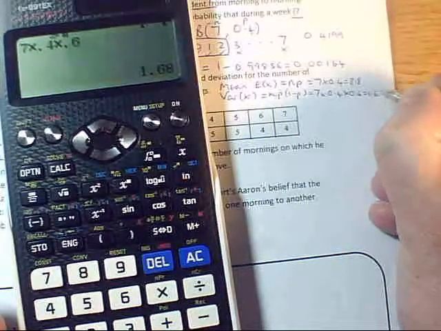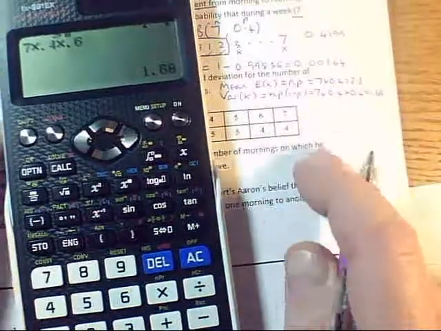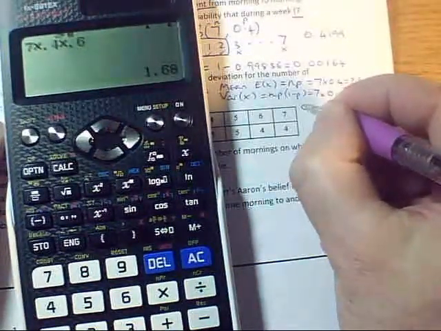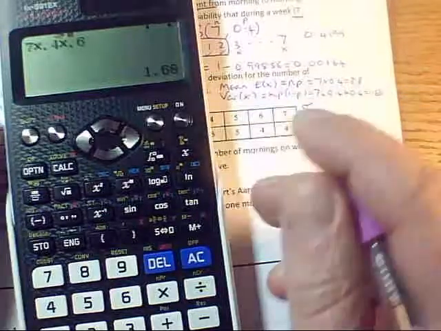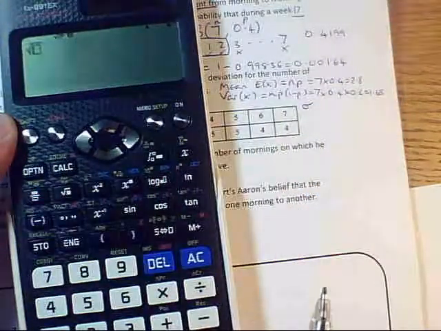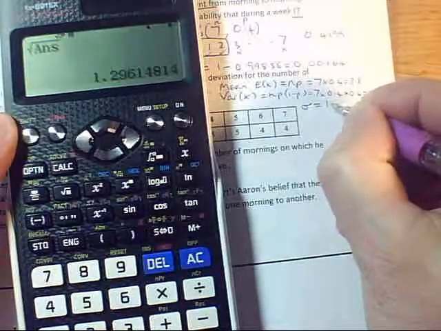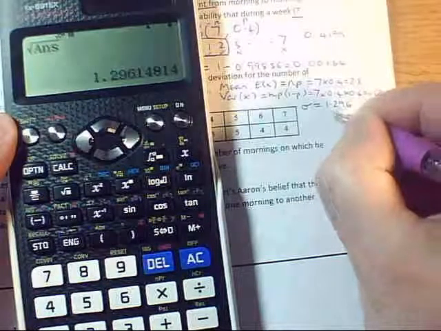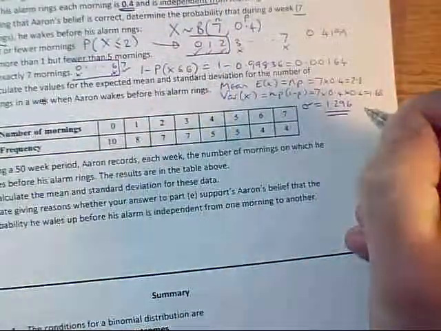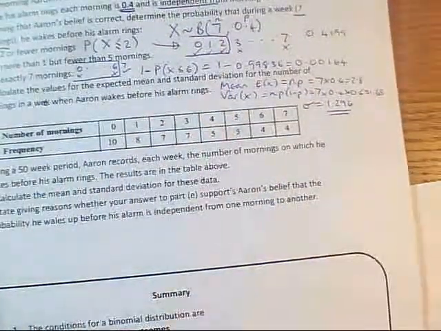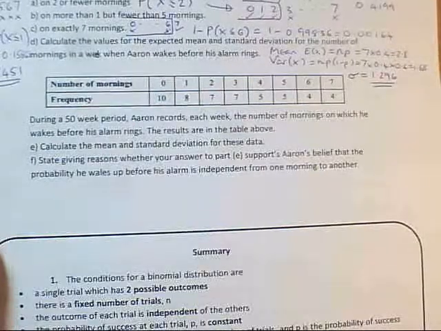But that is not the standard deviation, that's the variance. The standard deviation is sigma. This is sigma squared. So I need to do the square root of that answer to get the standard deviation, which is 1.296. So I've worked out the mean and standard deviation using those formulas.